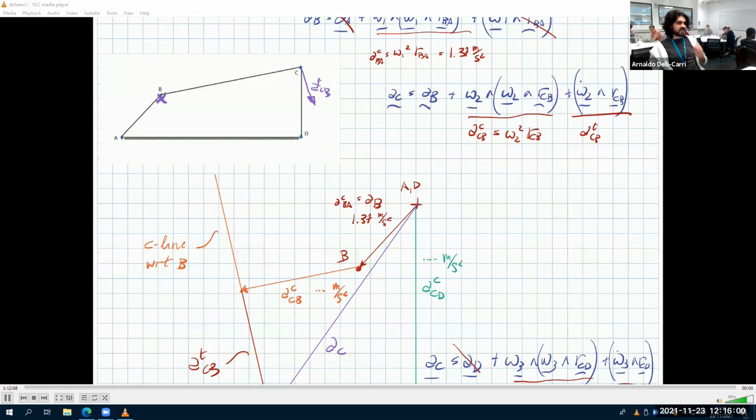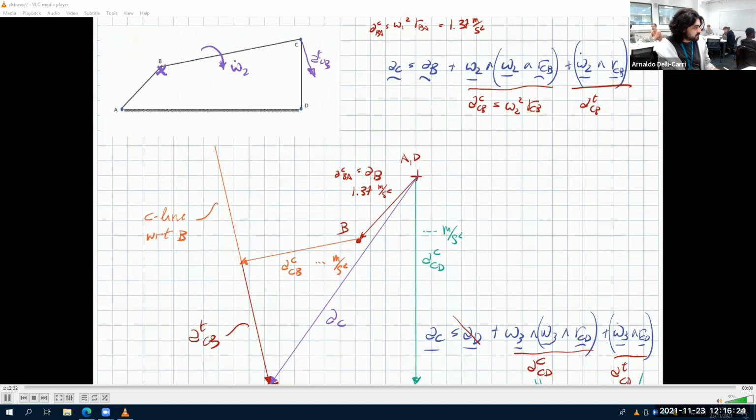it's in this direction. So that means that omega 2 dot is clockwise or counterclockwise. Come on. B is fixed. The acceleration of T is going in that direction. So that means that omega 2 dot is clockwise.